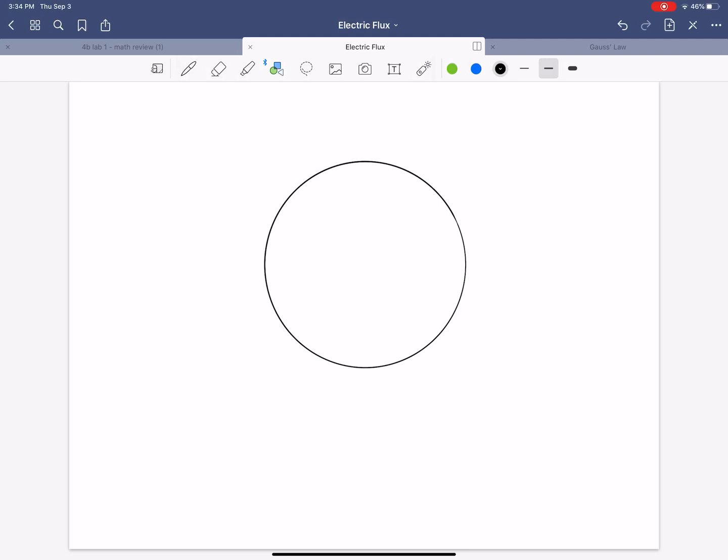Okay, so what I have here is a spherical surface. It's closed, meaning there are no holes in it. And I'm going to draw some electric field vectors from the left to the right. Let's draw one going across. It pokes through right there, for example.